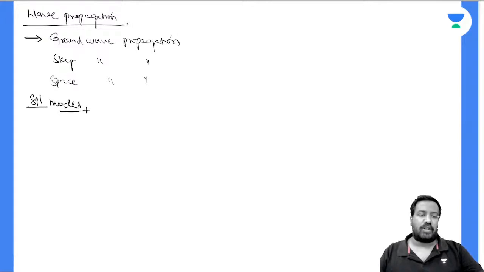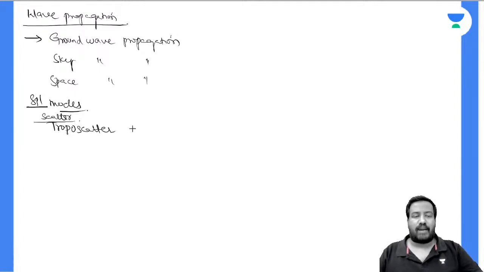Under special modes of propagation, we had seen scatter propagation. Under scatter propagation, we have seen troposcatter propagation, ionospheric scatter propagation, and under special mode we had seen duct propagation.